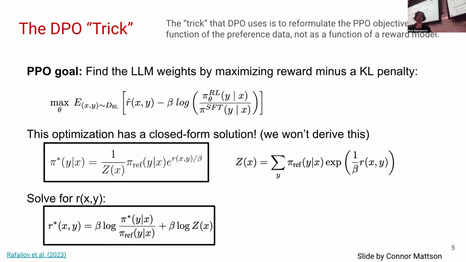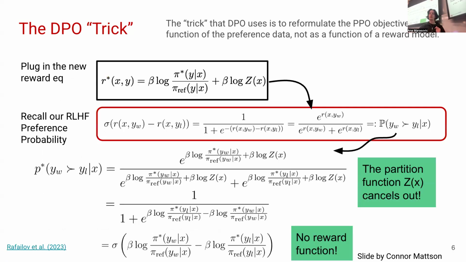Okay, so we started with the combined objective, trusting the prior work that this has a closed form solution, and rewrote that equation to have the reward under the optimal solution. Now I rewrote the first equation again, which was on the previous slide.